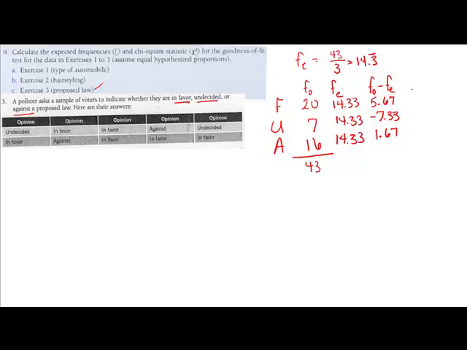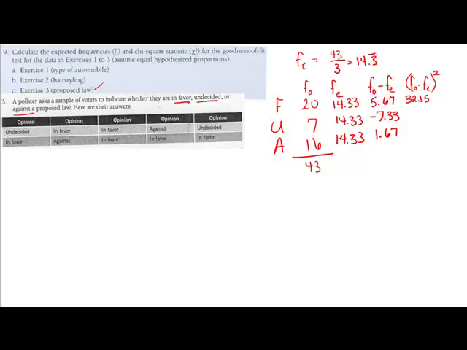The next step is to square this. So 5.67 times 5.67 is 32.1489, so let's call that 32.15.